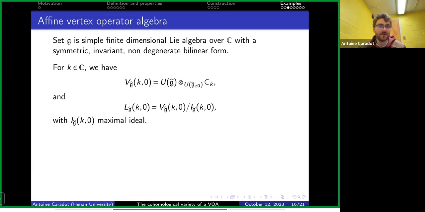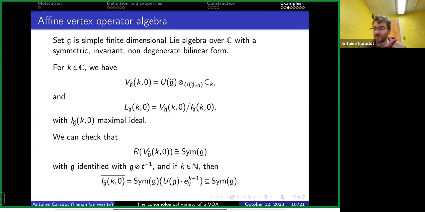And then, to fix the notation, if you take any element k as a complex number, you can construct the universal affine vertex operator algebra as some induced module from the trivial one-dimensional module for the positive part of the affine Lie algebra constructed from G. And then we write L for the simple quotient, by the unique maximal ideal.